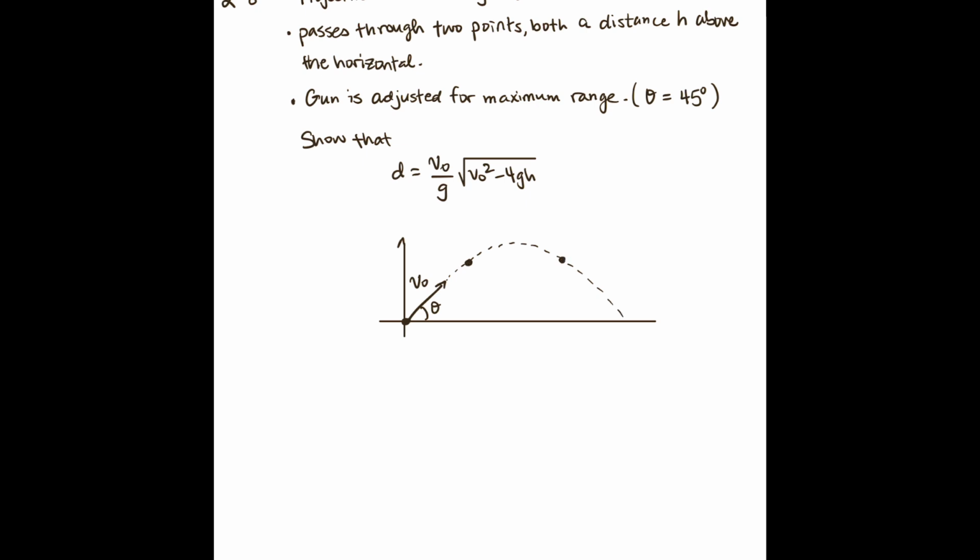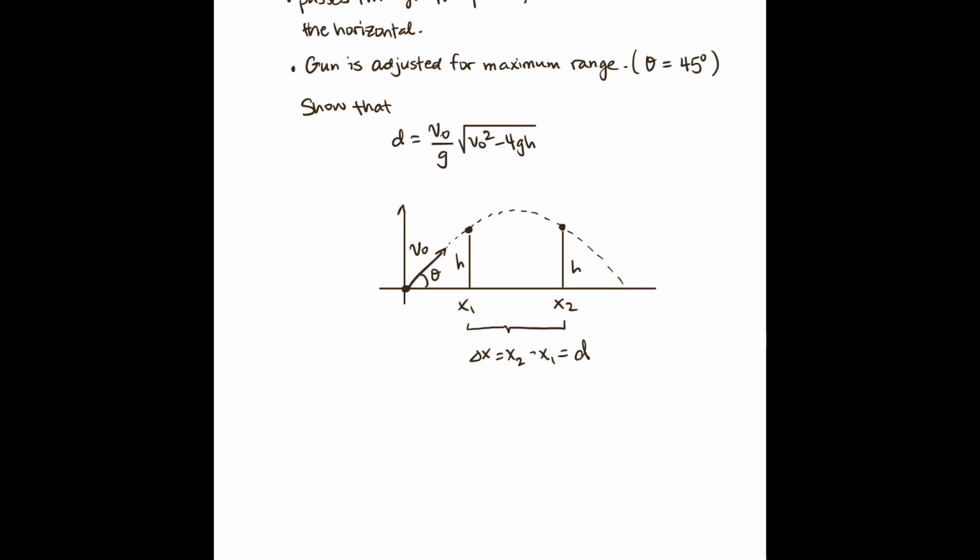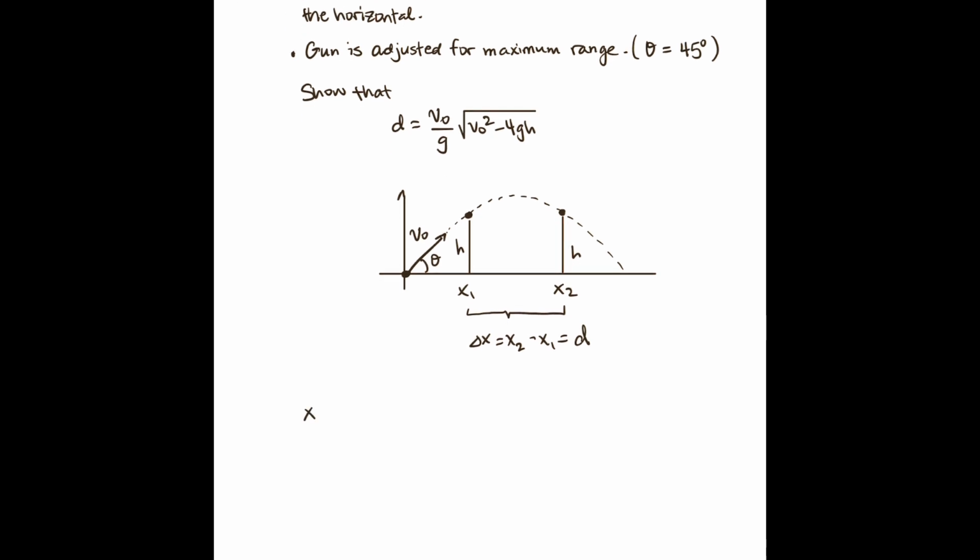That's our projectile being fired. And there's 2 points, a distance h above the horizontal. And I'll call this x1 and x2. The separation is d. So delta x is x2 minus x1, which is d.